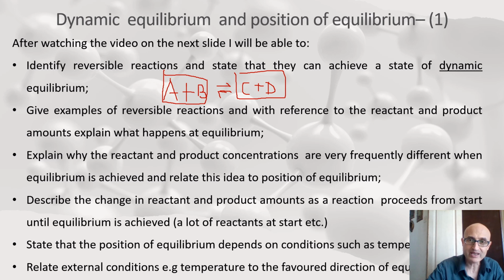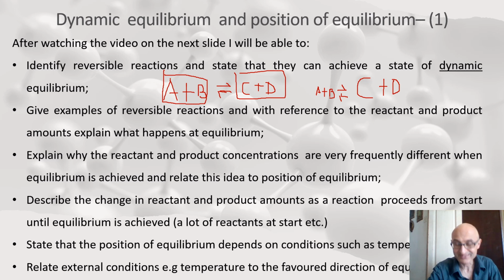You'd like the position of the equilibrium to be shifted to the products. So when in a dynamic equilibrium you end up with this situation, with very little of the reactants remaining and a lot of the product being present, we say that the equilibrium is now shifted to the right.